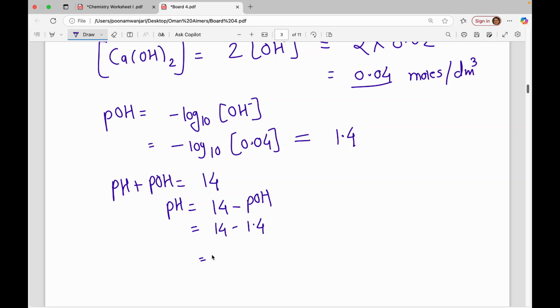It is equal to 12.6. So the pH of the calcium hydroxide solution is equal to 12.6. Students, you need to identify: if the ionic product is given, use the simple expression Kw is equal to the concentration of H plus into hydroxyl ion. But if the ionic product of water is not given, then use this method.